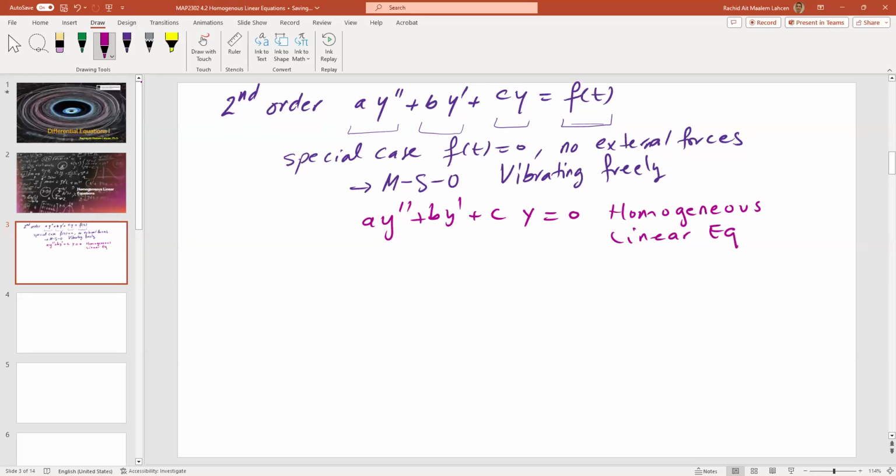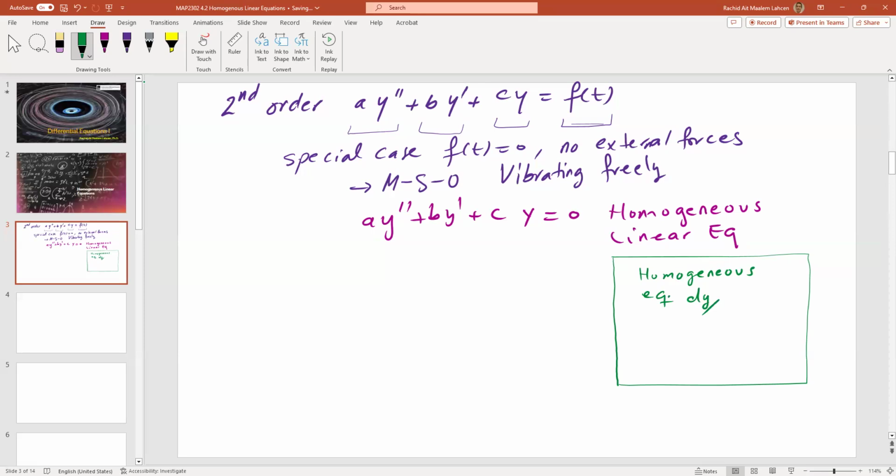Just a quick note: in the textbook, in other sections that are not covered so far, you may have seen the term homogeneous equation, in chapter 2 previously, but that is not related. That has to do with the first order, of course.